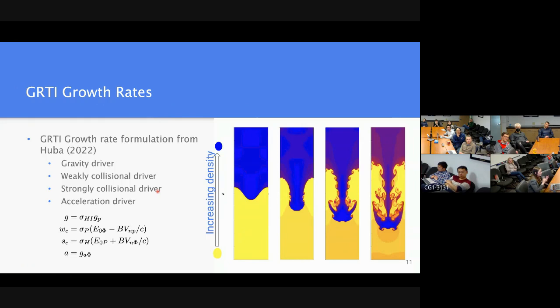But Joe added the E region as well. So he's doing the field line integration over a larger range of altitudes, in addition to adding ion inertia and acceleration effects. During most conditions, like quiet time, ion inertia and acceleration don't make a big difference. But during geomagnetic storms, it can make a really big difference. So we're better capturing those effects by including those here.